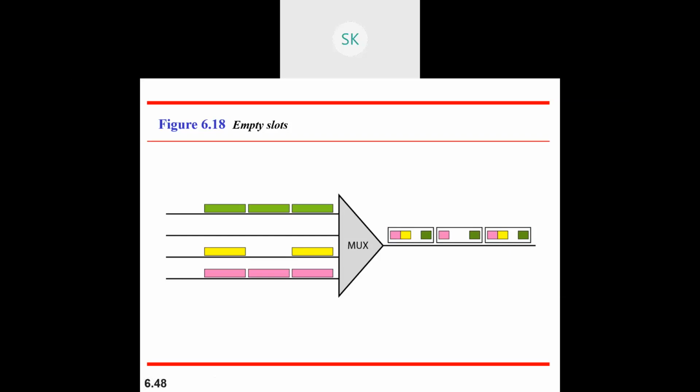In pulse code modulation, we have several sampling rates, and it works with respect to the sampling rate. We take a sampling rate of 8,000 samples per second, using 8 bits per sample. For 8 bits, one sample is taken, and after 8 bits, one more sample.